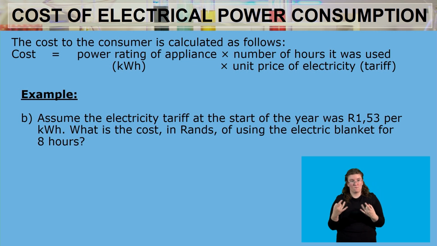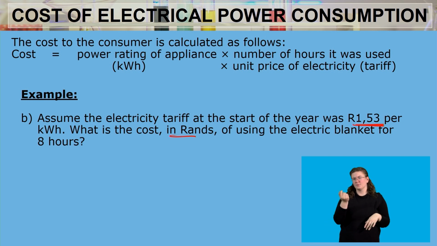Then furthermore, still in keeping with the very same cost of electrical power equation, we are now told that we need to assume that the electricity tariff at the start of the year was R1.53 per kilowatt hour. What is then the cost in rands of using the electric blanket for 8 hours?